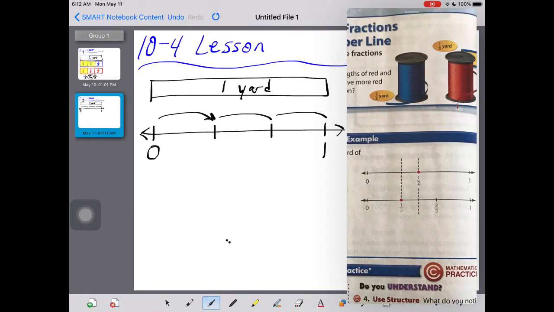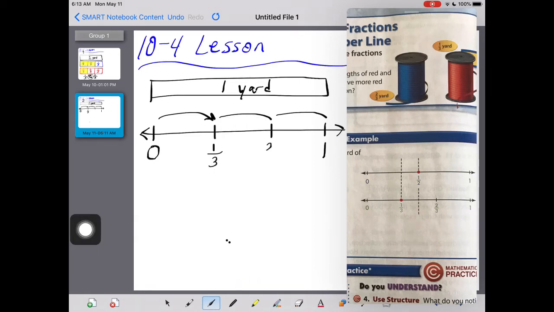My first part would be 1/3. And remember, now we're talking about traveling on a number line. So the farther you go to the right, the more you've traveled, the more you have, in this case, of the ribbon. So we went 1 part, that's 1/3.